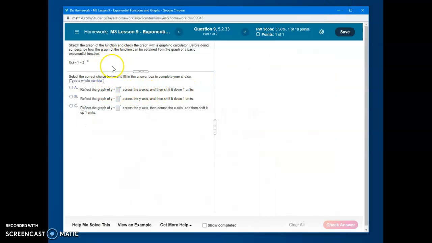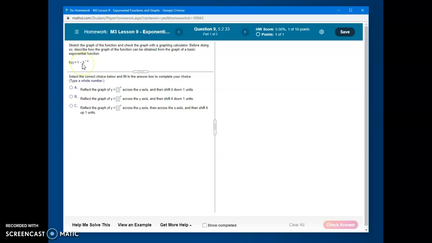Okay, so how do we use transformations to get this? Well, that minus x, remember what happens when you replace x by minus x, that reflects the graph across the y-axis. Then this negative is going to reflect the function across the x-axis, right?